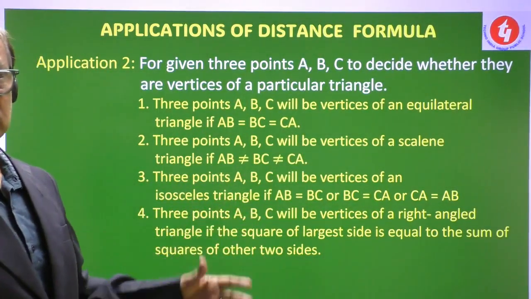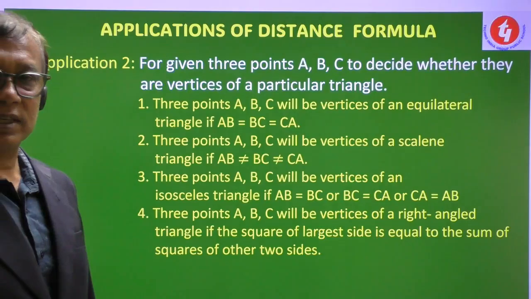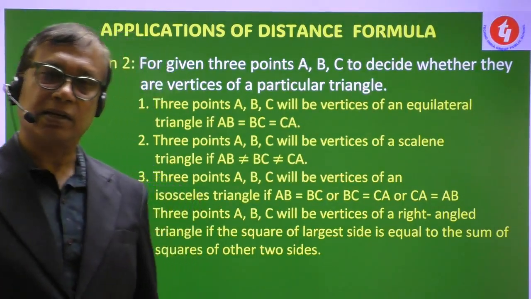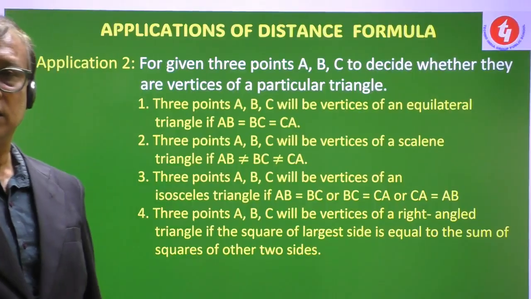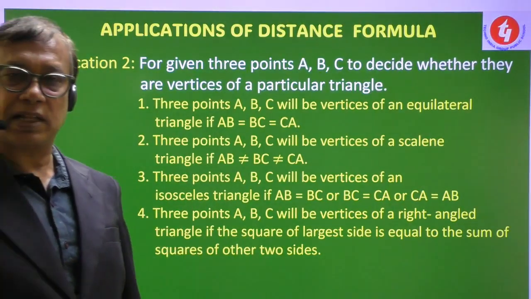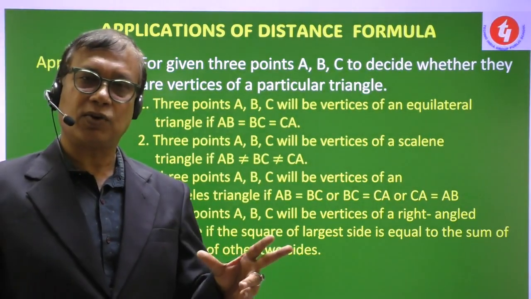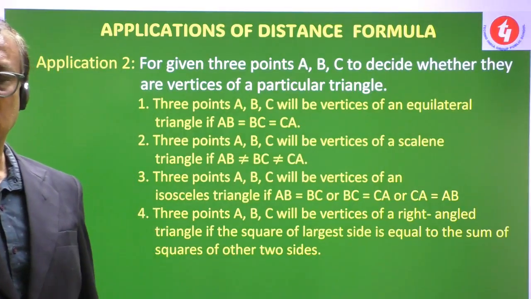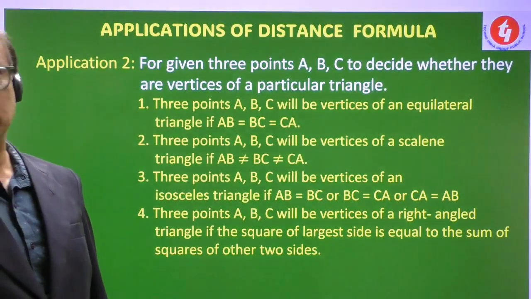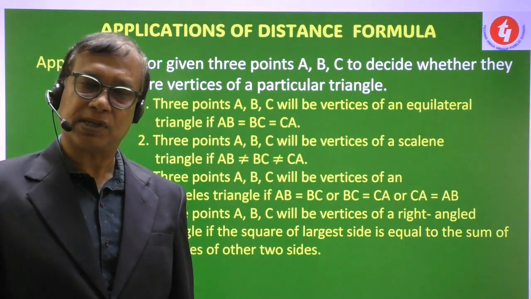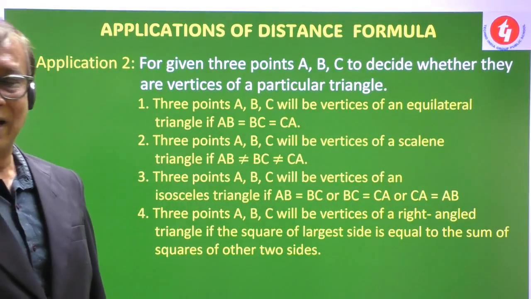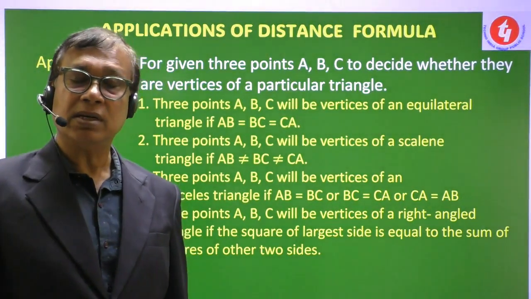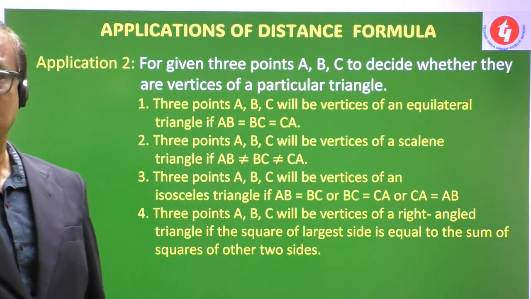If we see 3 side lengths are equal, then we can say the triangle is an equilateral triangle. If we see 3 sides are unequal to each other, then we will say it is a scalene triangle. If only 2 sides are equal, then we can say it is an isosceles triangle. And for a right angle triangle, the largest side square equals the sum of the squares of the other 2 sides.